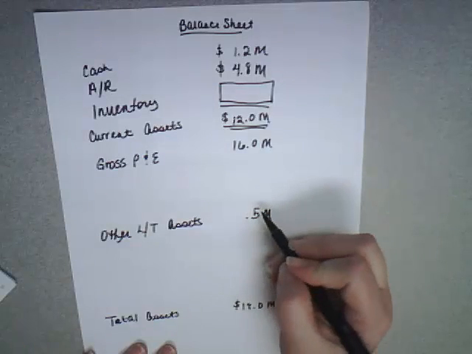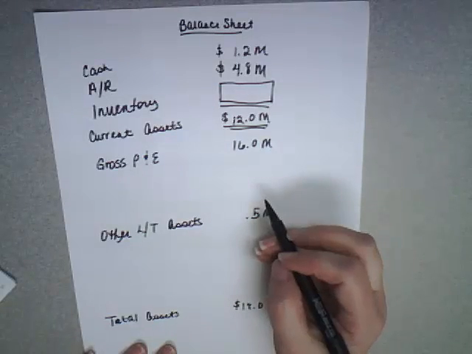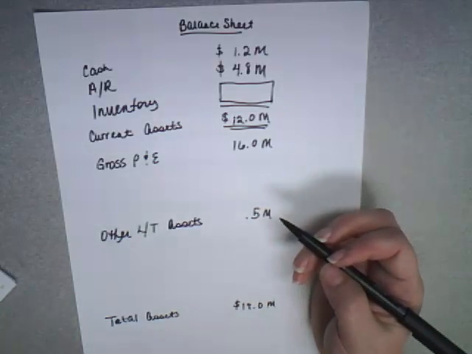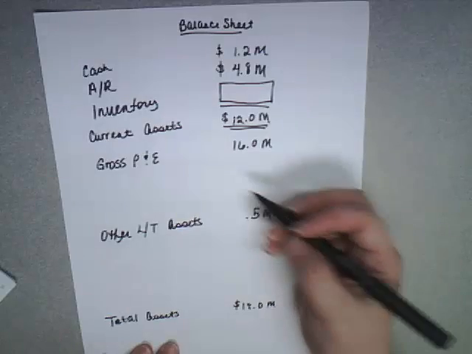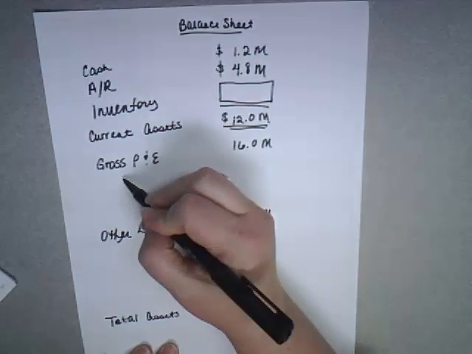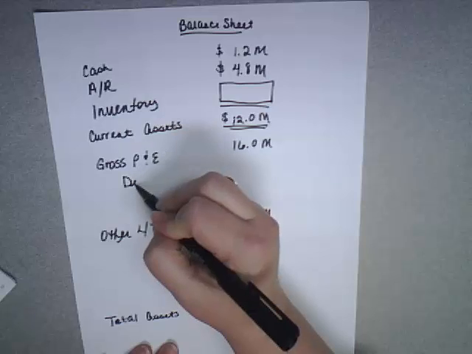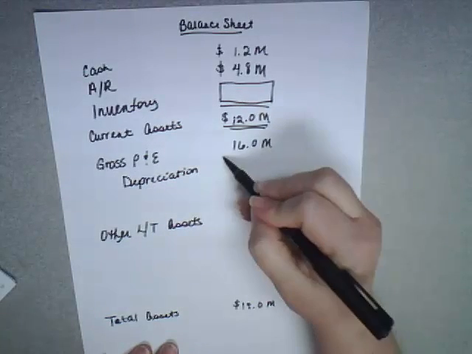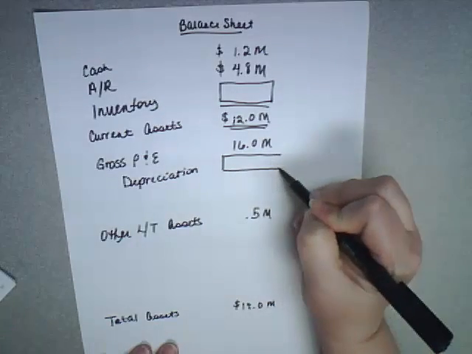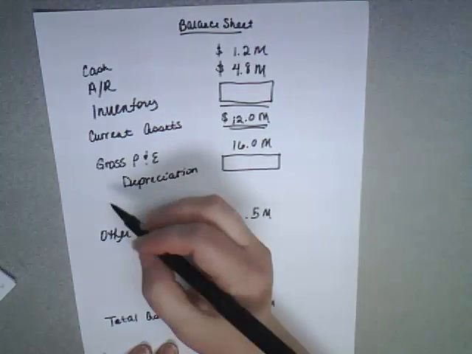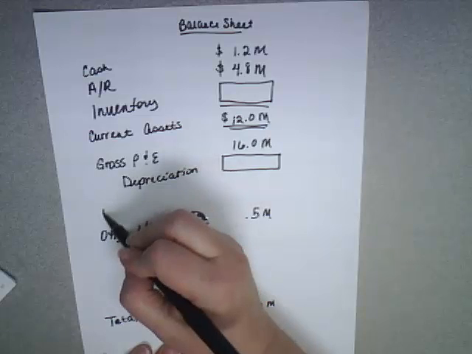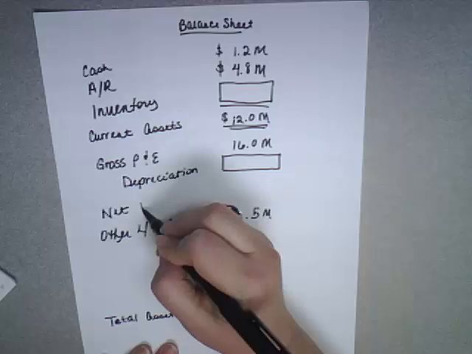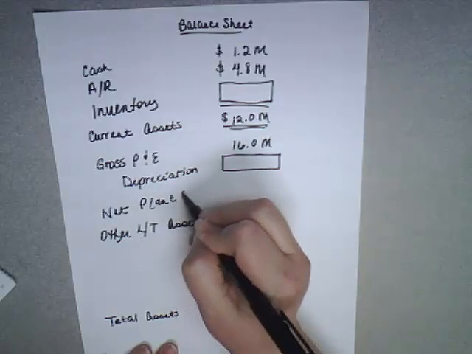Okay, so we've set this up so that we can go back and solve these problems. Now we know that we're going to be calculating inventory and depreciation, and once we have those two pieces of information, we can add in our net plant and equipment.